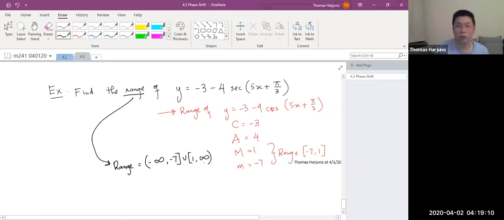Okay, now suggested homework. For 4.3, number 1 to number 20, just do every other odd.